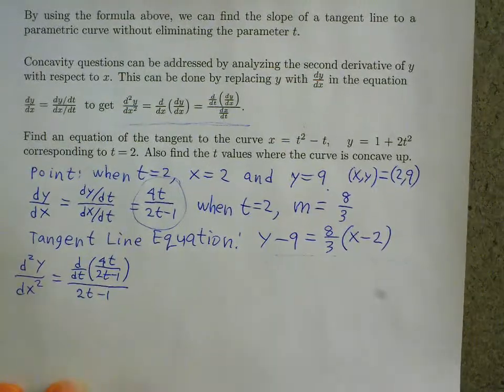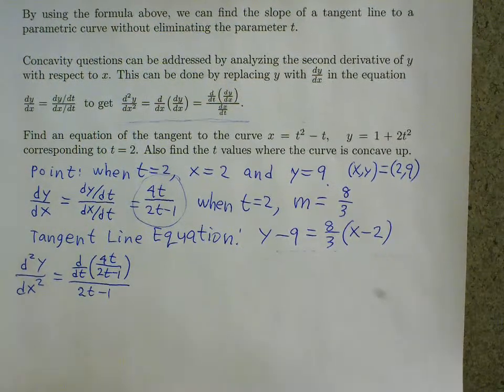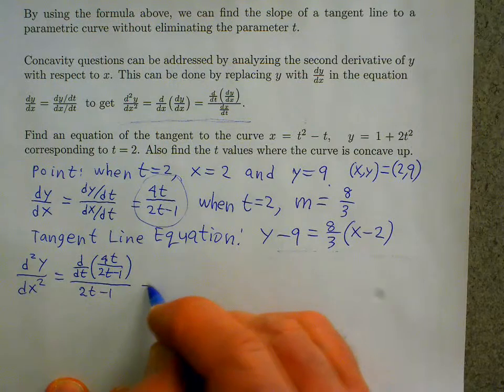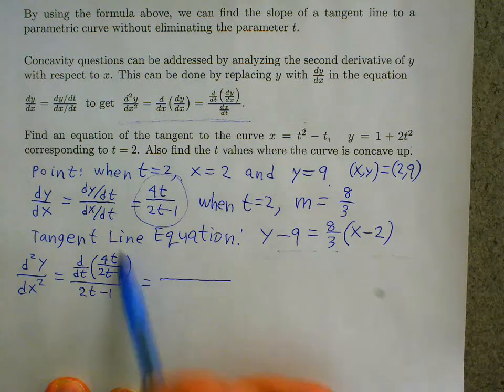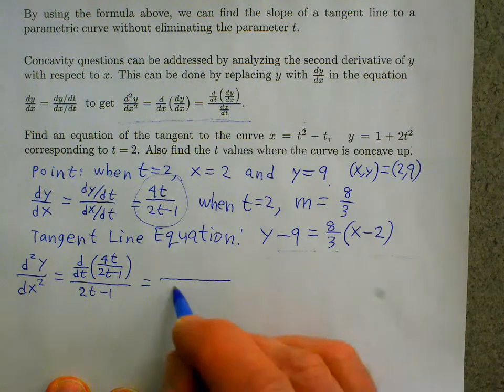Then when we're finished computing the derivative, we'll determine which values of t the second derivative is positive. Okay, so in the numerator, we have to apply the quotient rule to find the derivative of 4t over 2t minus 1.